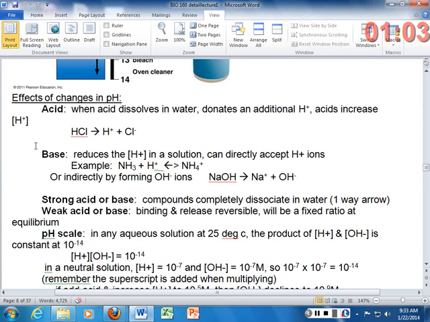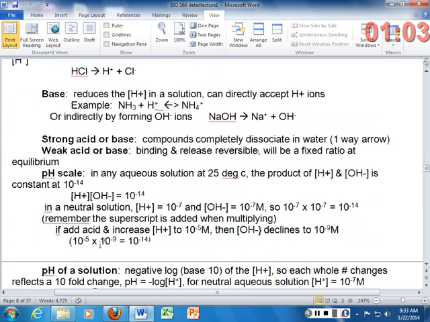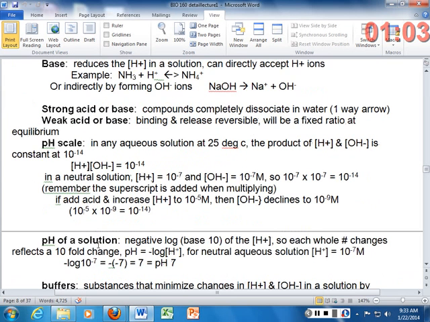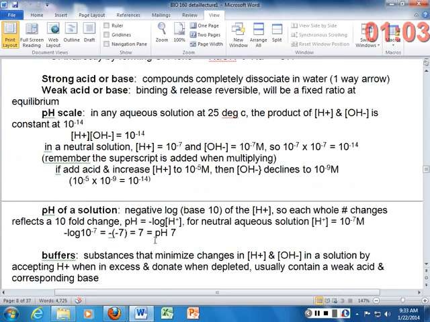So with the pH scale, if you are a person that needs to do the math to accept something, it's here. Basically what the pH scale says is, you take the negative log of something, and it's going to give you the pH.